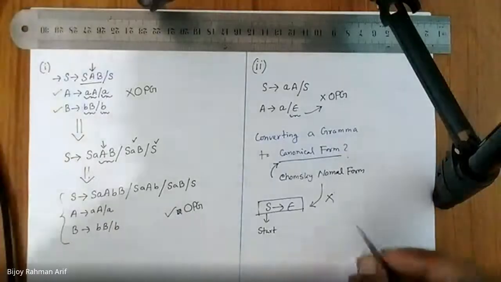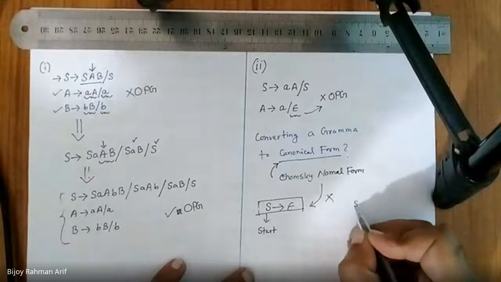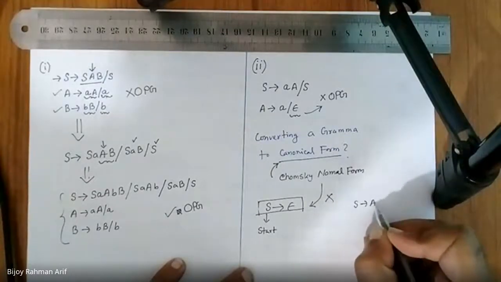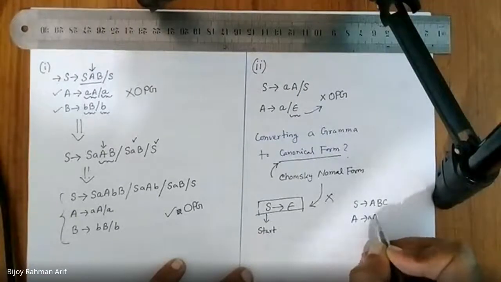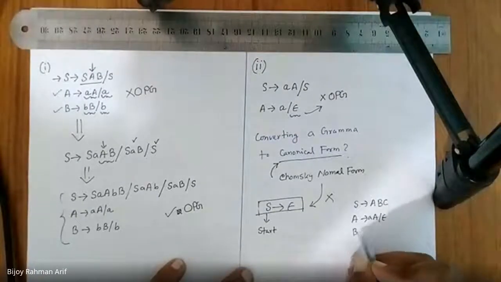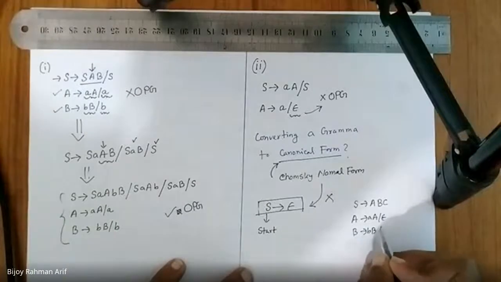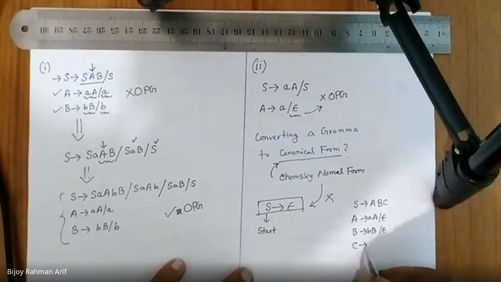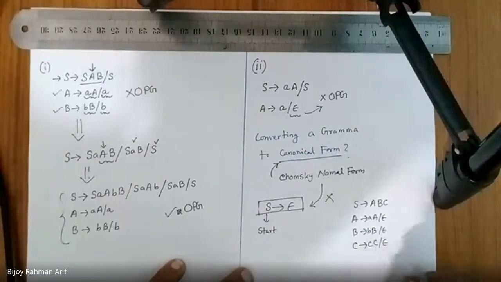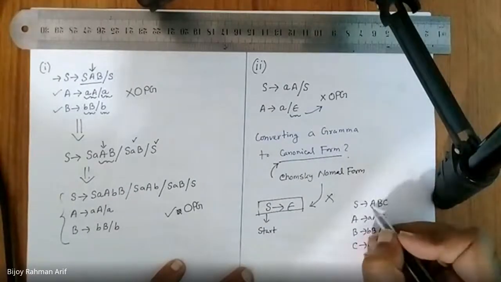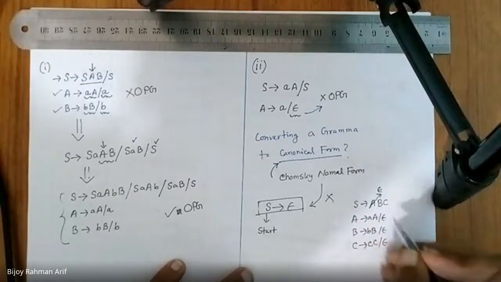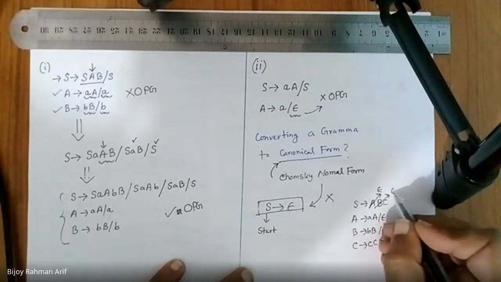So for example, I can talk a little bit about that one. Let's say S derives ABC. A is nothing but A or epsilon. B is nothing but BB or epsilon. C is nothing but CC or epsilon. So what happens if you put epsilon instead of A here, epsilon instead of B here, and epsilon instead of C here?